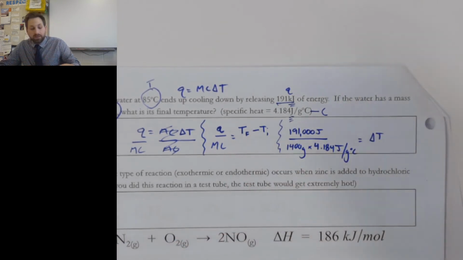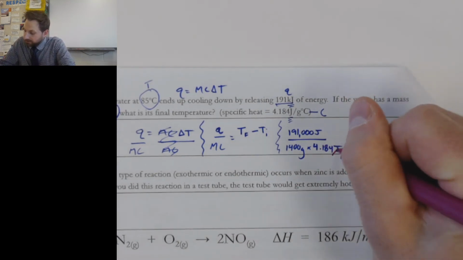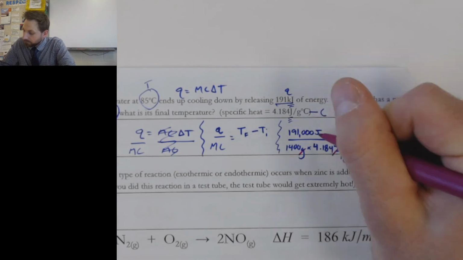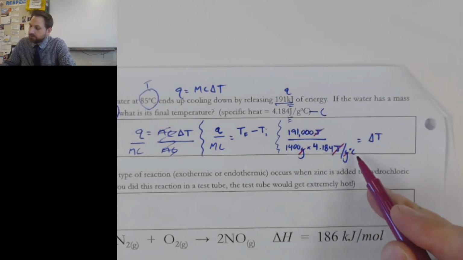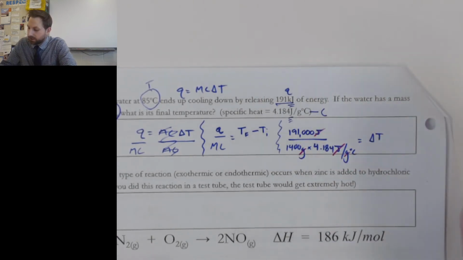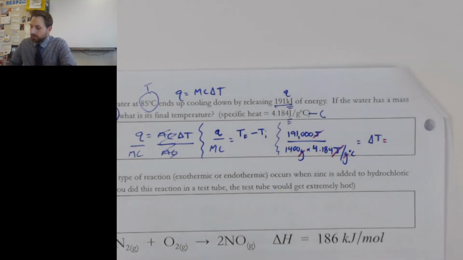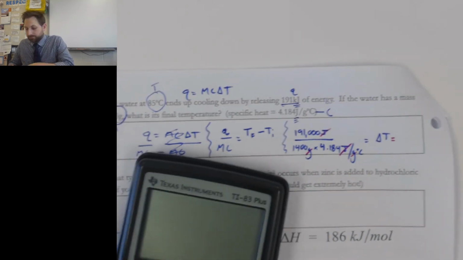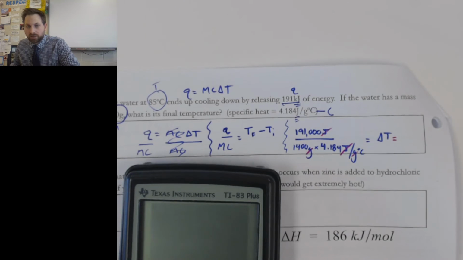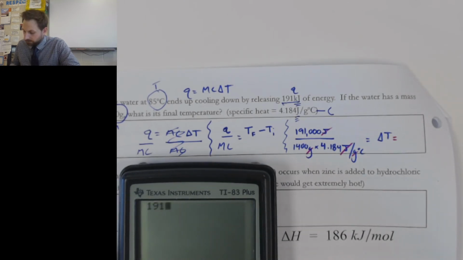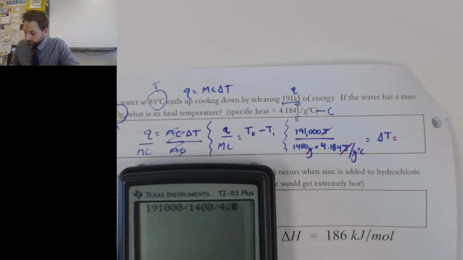So I'm going to use my calculator. If you look at your units and things that are canceling out, grams and joules cancel out. I'm left with degrees Celsius, which is what I want to be left with. All right, so calculate 191,000 divided by 1,400 divided by 4.184.